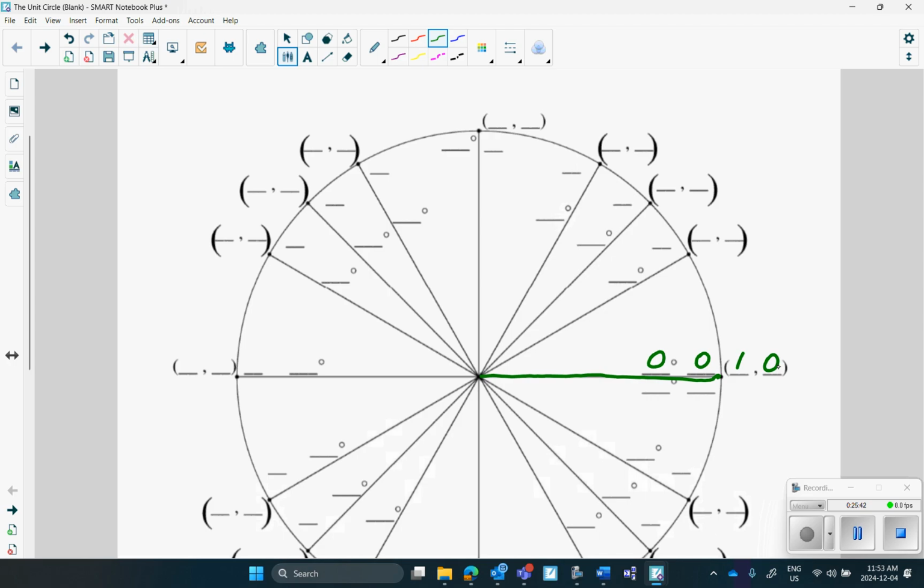Now 0 degrees is also 180. 180 is here. 360. So it's the same thing. And what's 360 in radians? 2pi. So it's the same point on the unit circle.